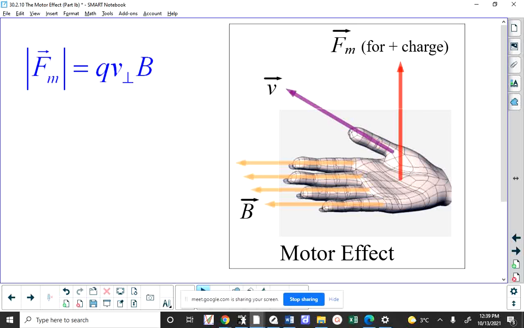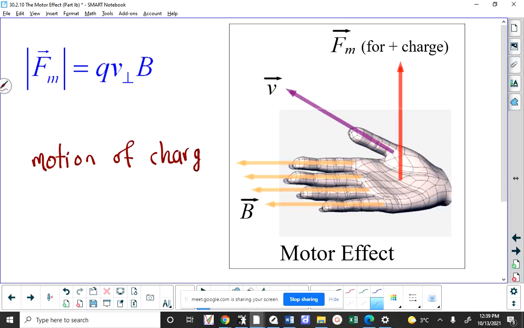And a motor, at least an electrical motor, takes motion of charge and produces forces.